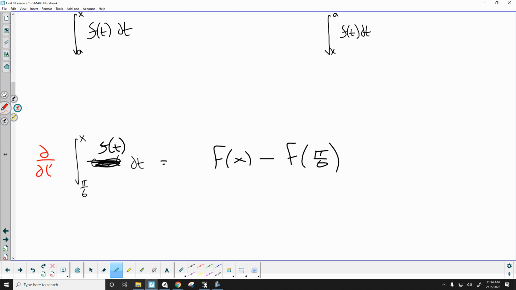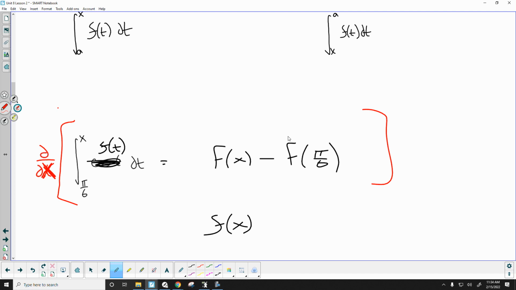Let's take the derivative of this with respect to x. Now, what do we say the derivative of big F of x is? Just regular F. You could say it's big F prime, but that's confusing. We just say it's regular F. Now, this is something that might be confusing to students because we think the derivative of big F of pi over 6 would be regular F of pi over 6.